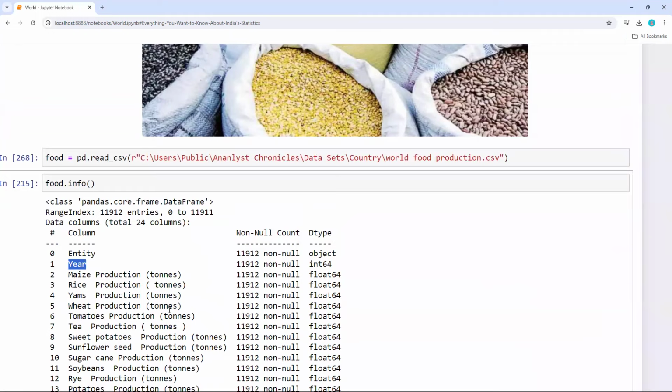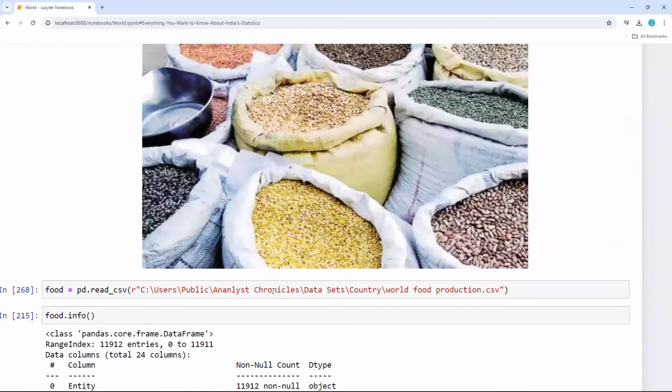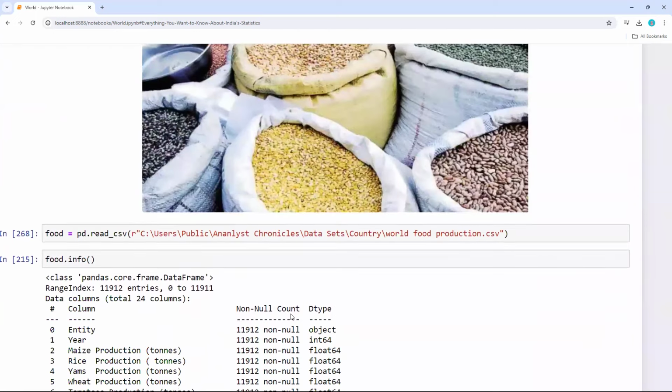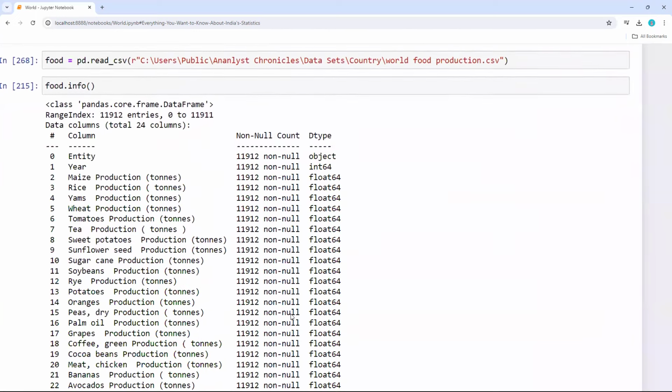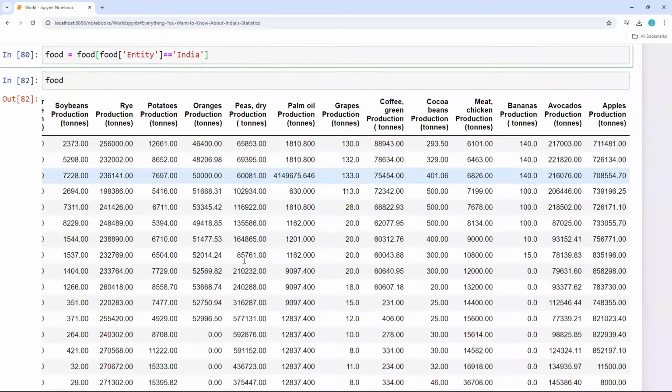This is my year column. This data is for world food production, so I just wanted to look at India.